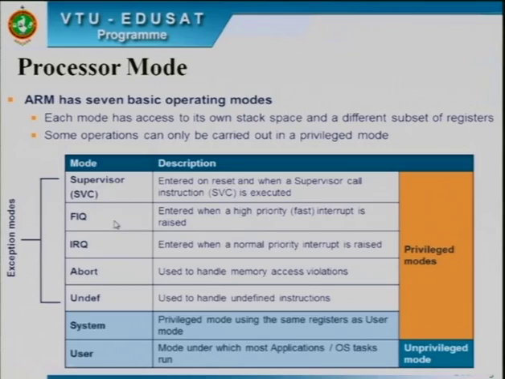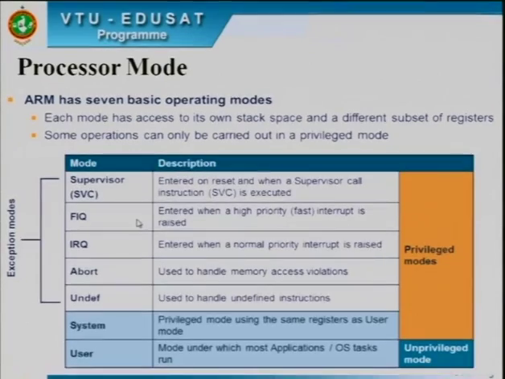The interrupt request mode, or interrupt mode, is the normal interrupt mode, in which the priority level of the interrupts is slightly lower compared to the interrupts operating in the second mode, that is the fast interrupt mode. Fast interrupt mode is entered when a high priority interrupt is raised.